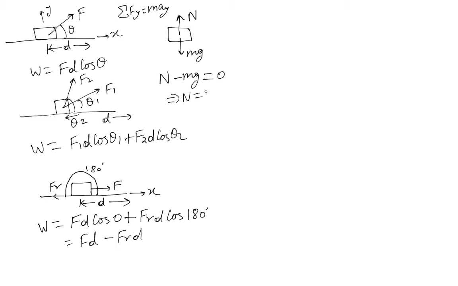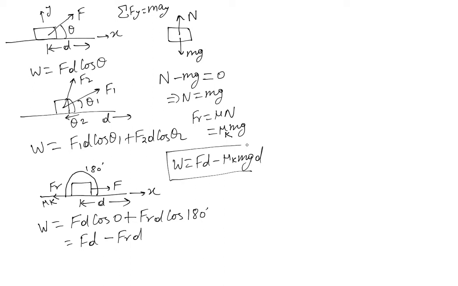We already have done this exercise. We also know Fr is given as mu times N, so that gives us mu mg, where by mu we mean the coefficient of kinetic friction, because things are moving here. That means W is going to be Fd minus mu k mgd. Okay, that was a straightforward example.